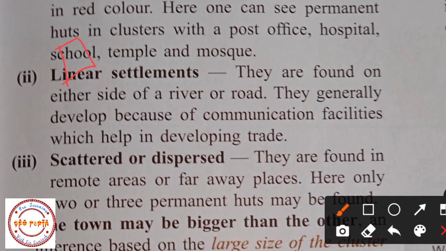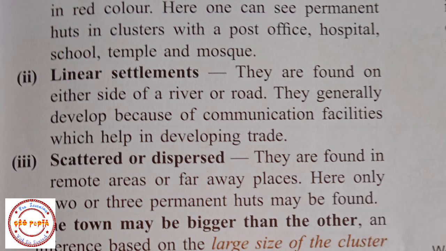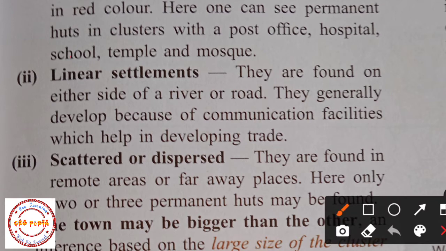Suppose one house is here, one hut is here, another one is here. They live very far from each other. When houses are very far from each other, with lots of space between them, that type of settlement is known as scattered settlement, also called dispersed settlement.